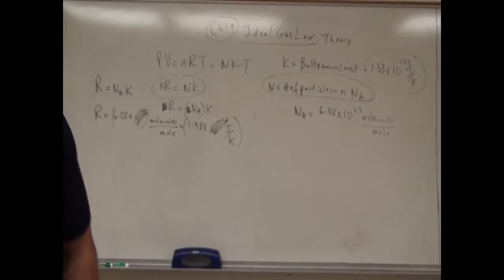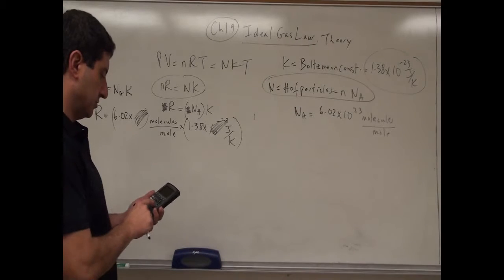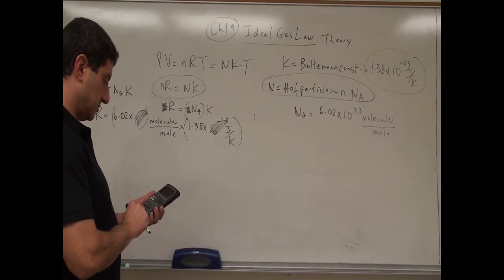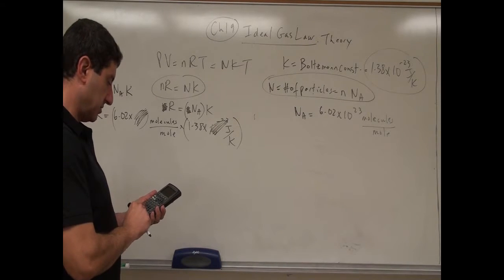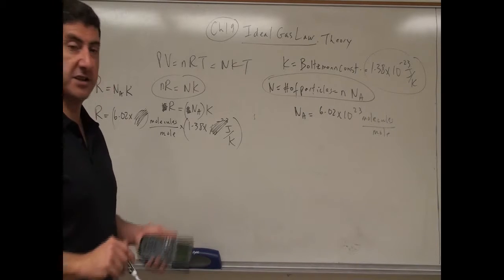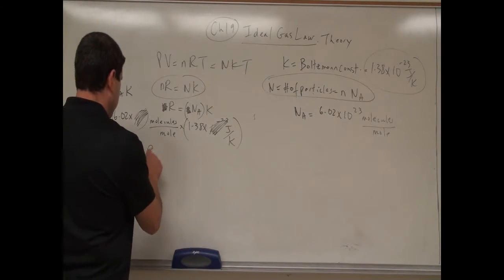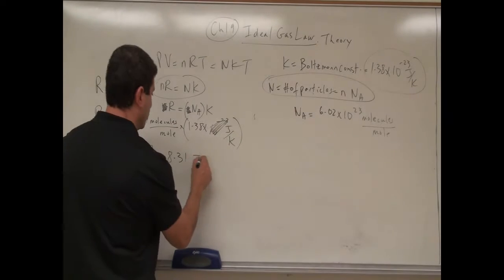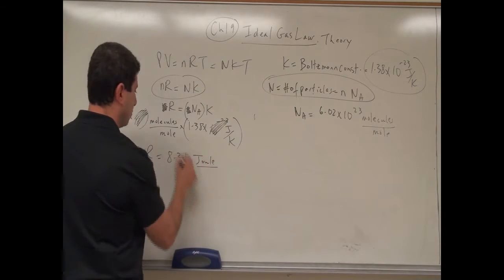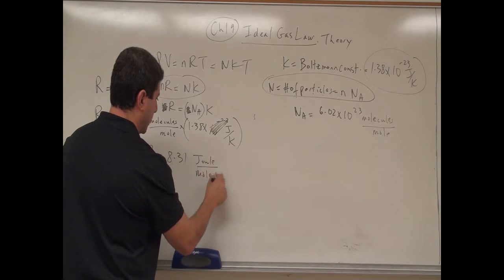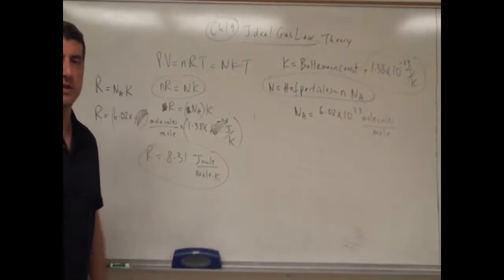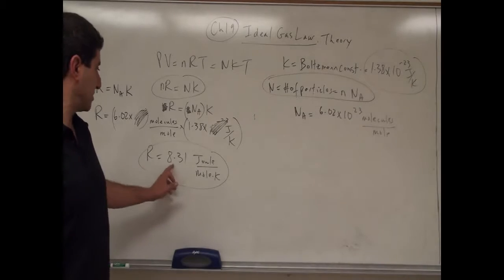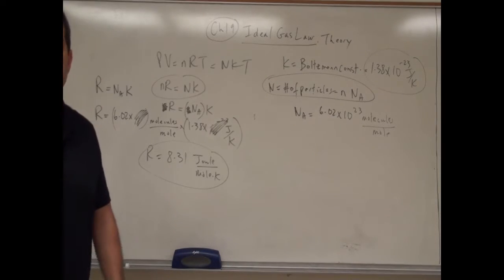If we multiply that, we get the gas constant, 8.31. R is equal to 8.31. The units are joule per mole Kelvin, the same number that I gave you earlier.